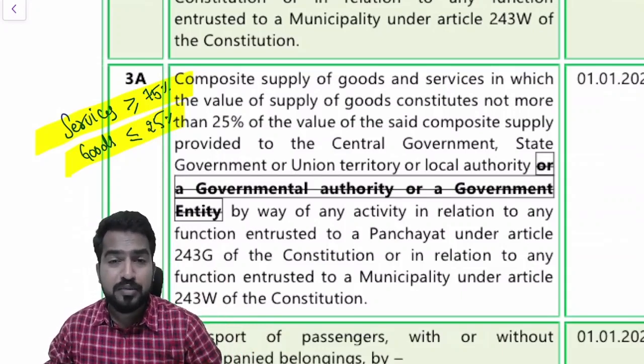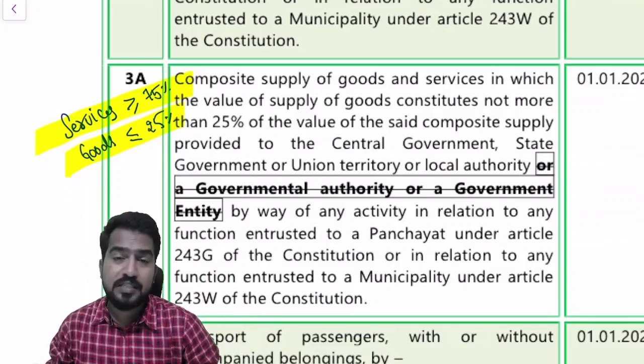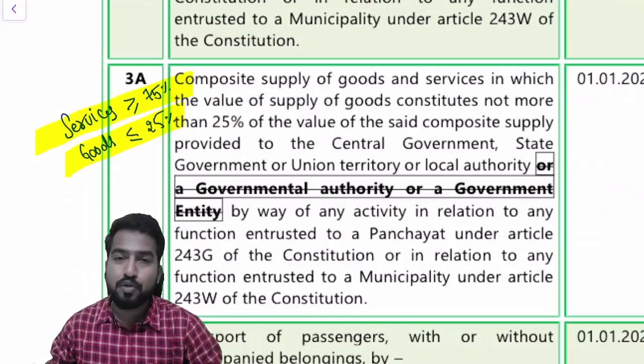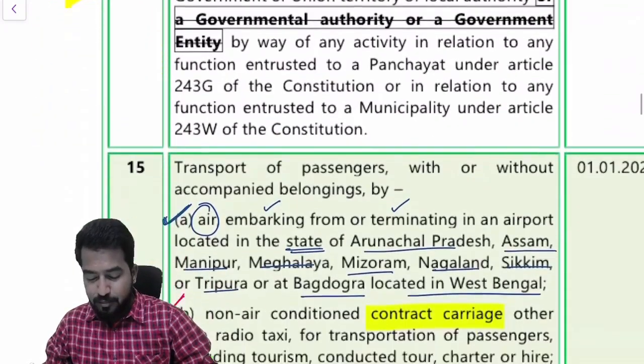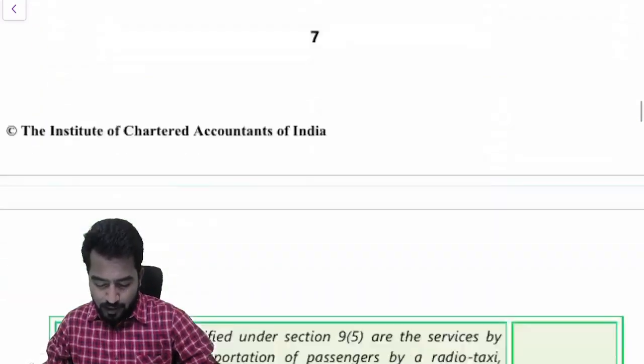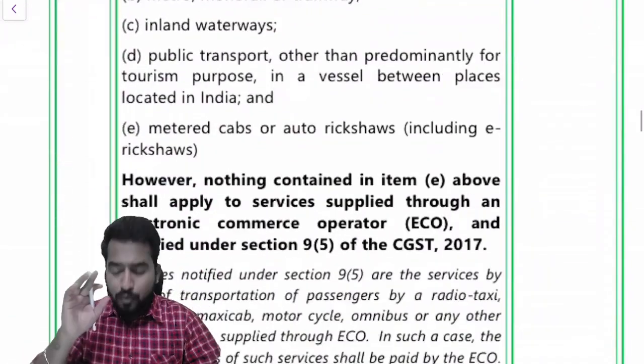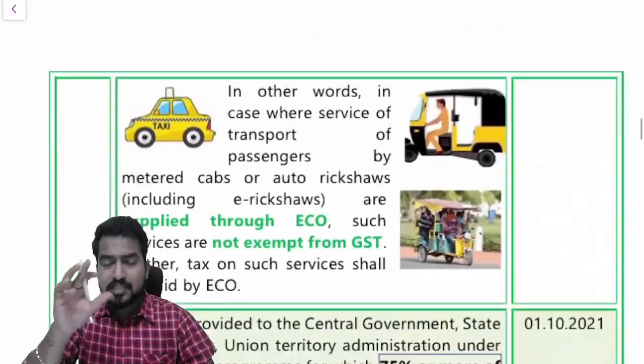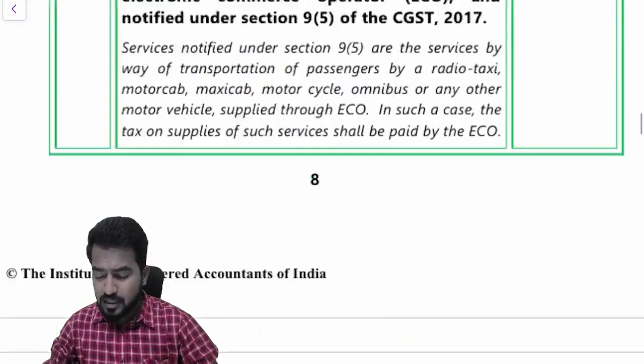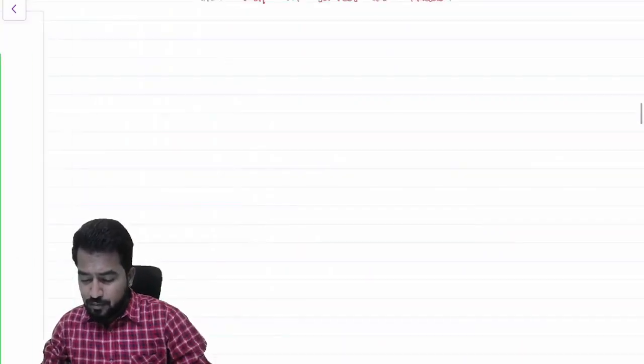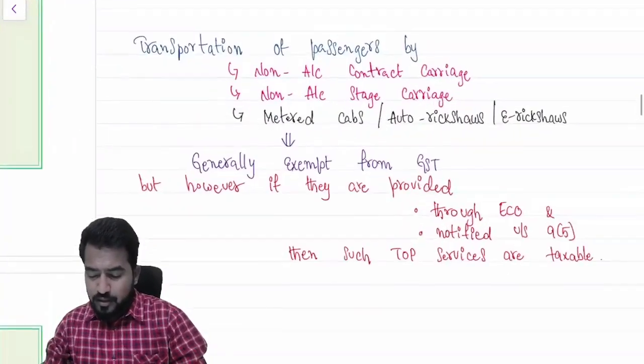Now, let us see what is another exemption which got amended. That is entry number 15 and entry number 17. Both are talking almost about the same point, my dear friends. What is that point? I will just summarize it here.